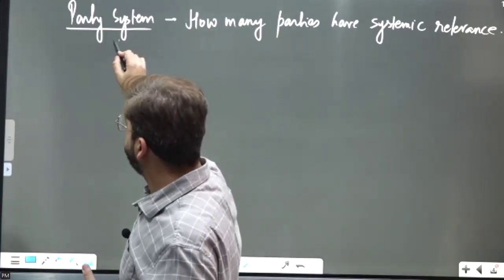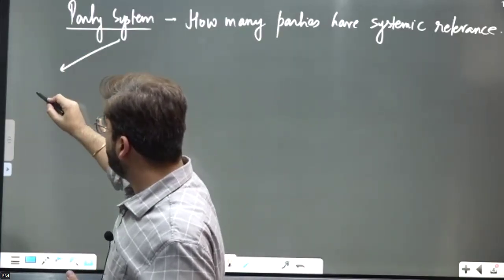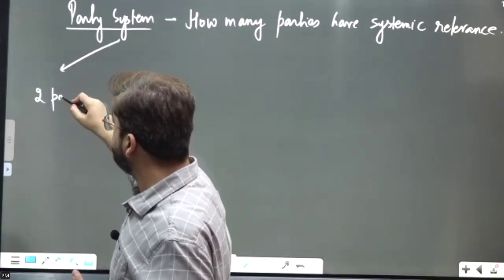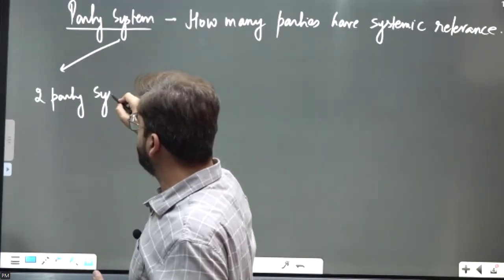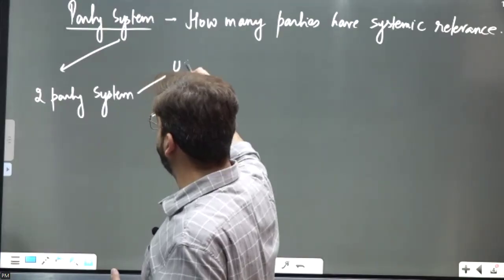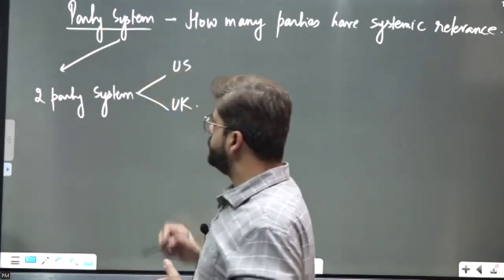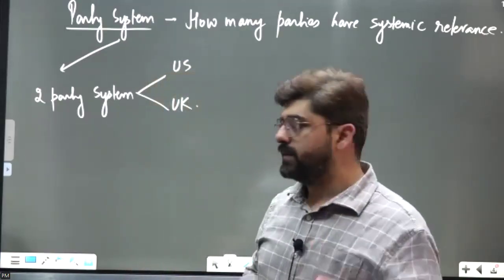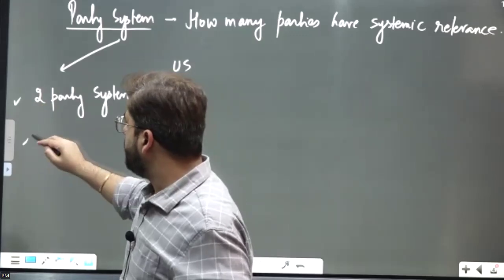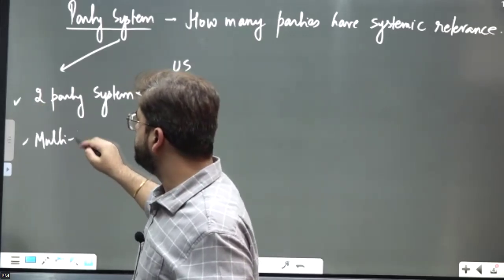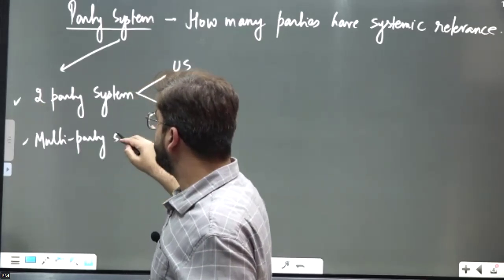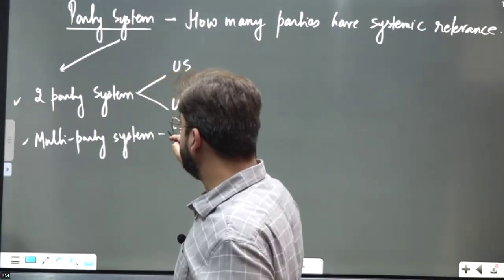For example, you have a two-party system in the US and UK, both. There are two parties which are of systemic relevance. You have a multi-party system in India, France, Germany.